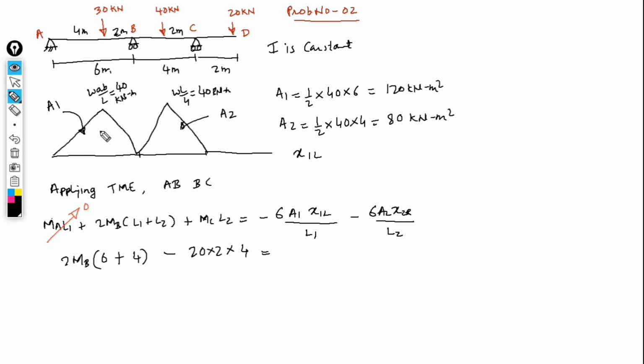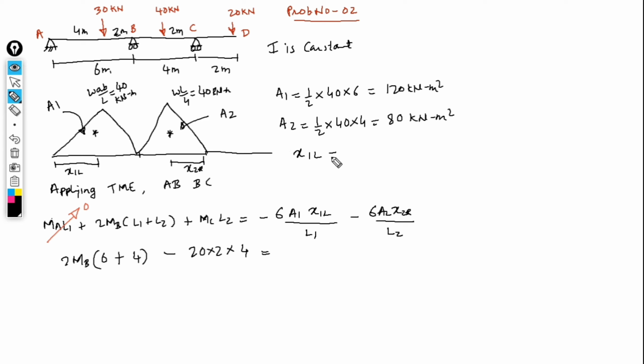X1L: this is an unsymmetrical triangle, so centroid will be here, and X1L is distance of centroid from left support. This triangle is symmetrical, so centroid will be exactly at the center, and X2R is distance of centroid from right support C.